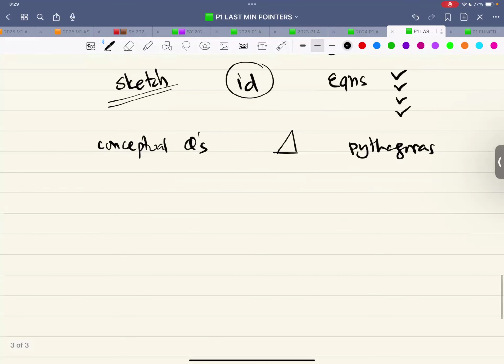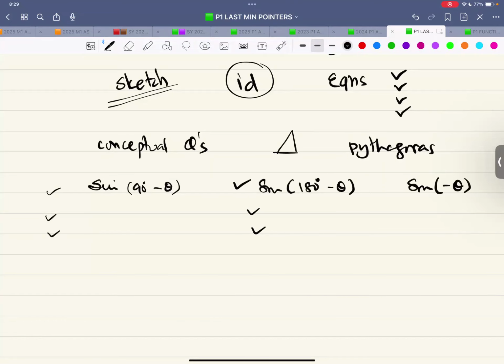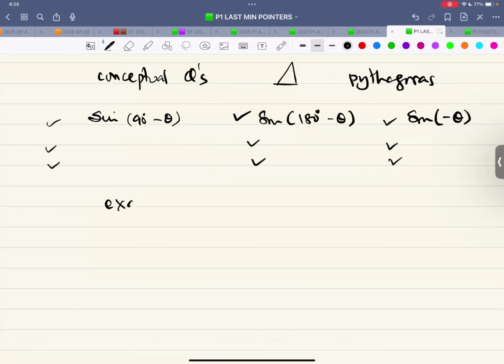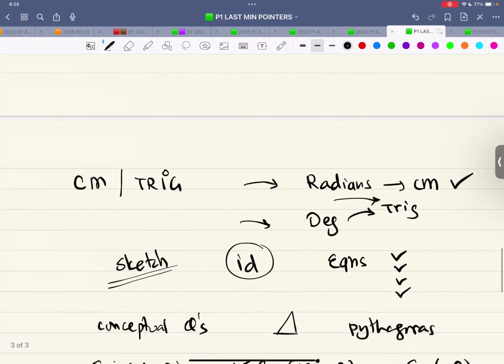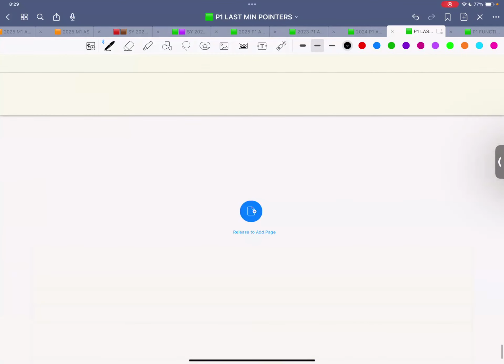You have all these identities, sine of 90 minus theta type, sine of 180 minus theta type, sine of negative theta type. We should be aware of all of this. We should know how the exact trig ratios work. That is very important. So that is circular measure and trigonometry.